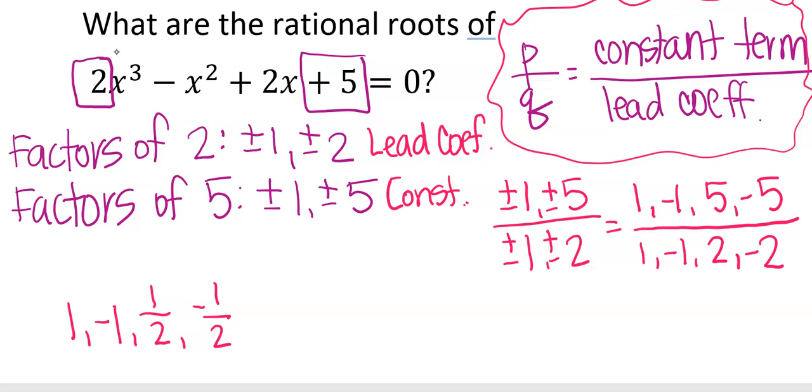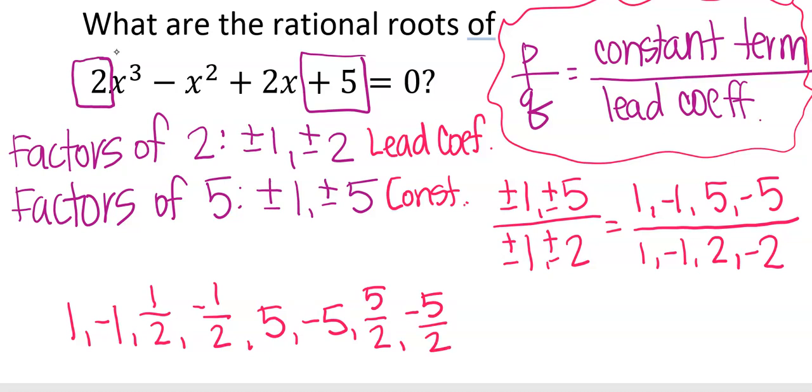I'm going to do the same thing with my 5. So I'm on 5 over 1. I don't have that one yet. 5 over -1. I don't have that one yet. 5 over 2. And 5 over -2.